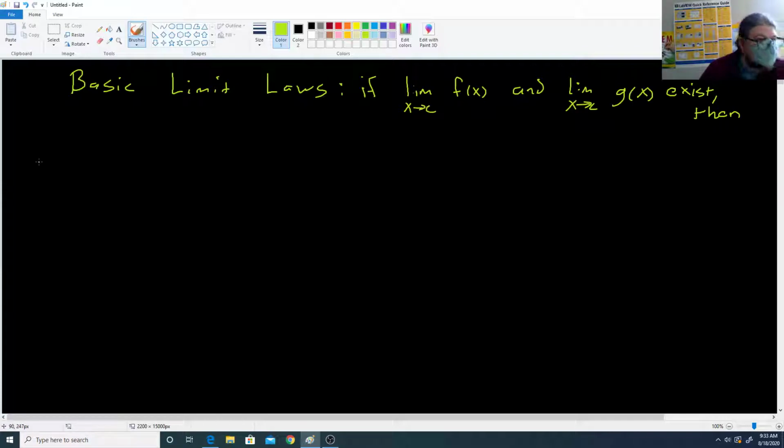So the first one is the sum law. What it says is if the limit as x approaches c of f of x and the limit as x approaches c of g of x exist, then the limit as x approaches c of the sum of those two functions, f of x plus g of x, exists.